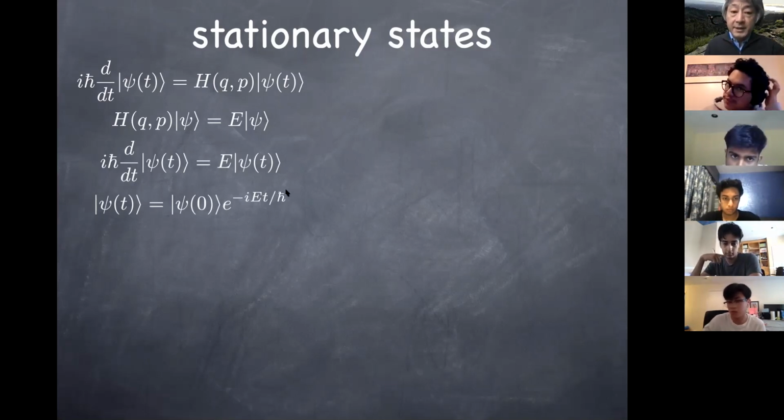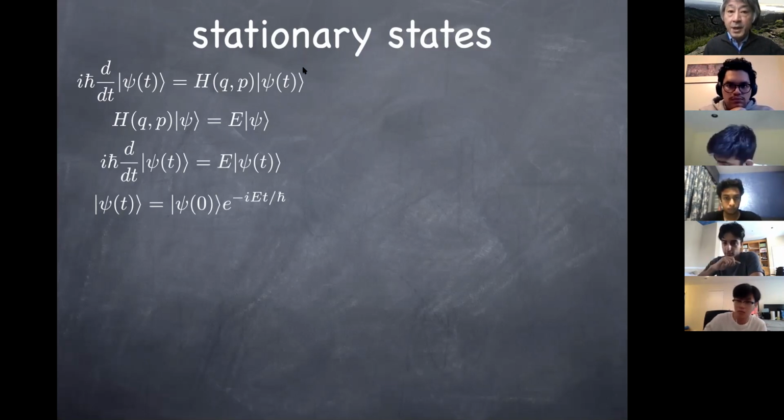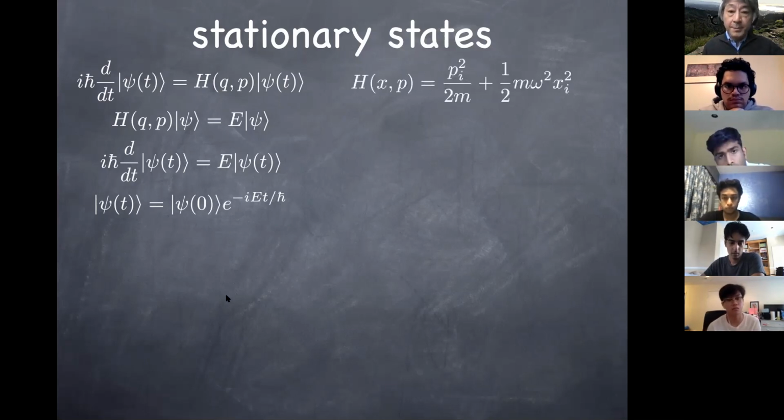So in some sense, this overall phase doesn't really matter. So the state psi practically remains the same independent of time. And that's the meaning of a stationary state. So this state psi basically remains the same no matter how long you watch the system.